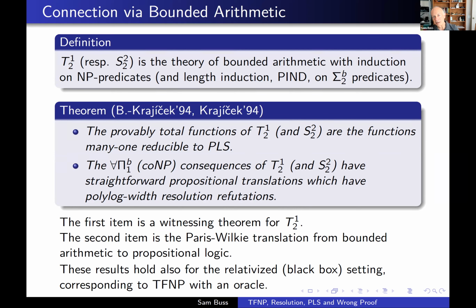And S^2_2 has length induction, so-called P induction, on Sigma^p_2 predicates, on NP^NP predicates. And S^2_2 is conservative over T^1_2. And from results of Krajíček and mine, and also Krajíček, the provably total functions of T^1_2 are the same as S^2_2 and are the functions many-one reducible to PLS.